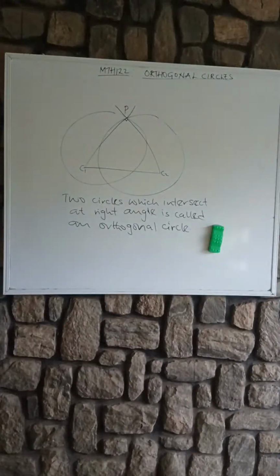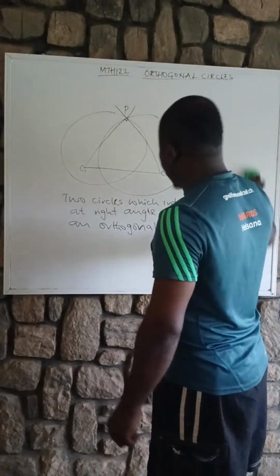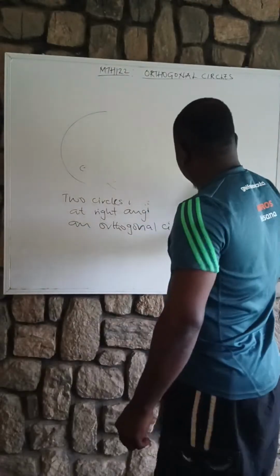Do you understand? Two circles that intersect at a right angle is called an orthogonal circle. Are you following? Okay, let's proceed further. If you can understand this, let's move further.